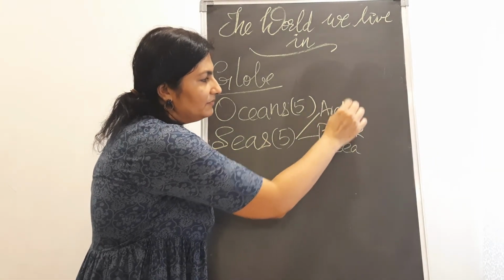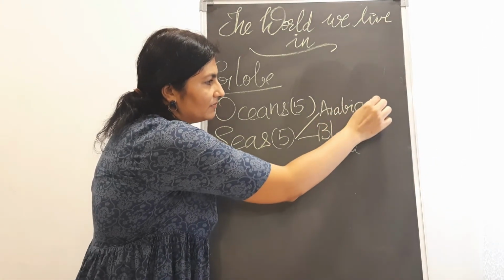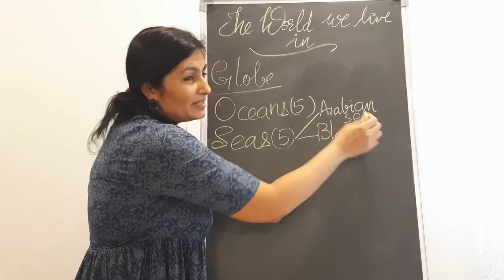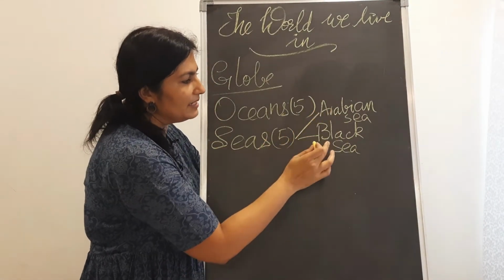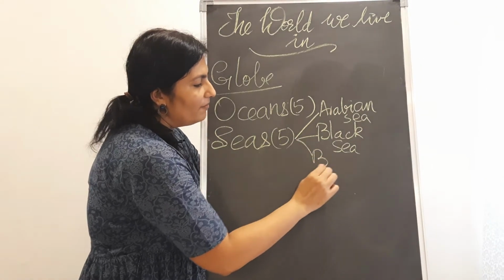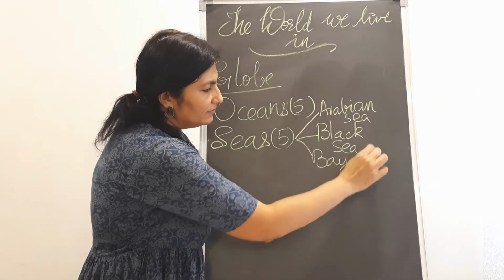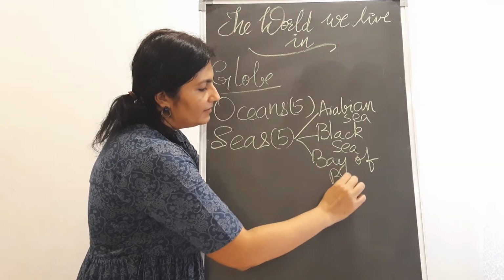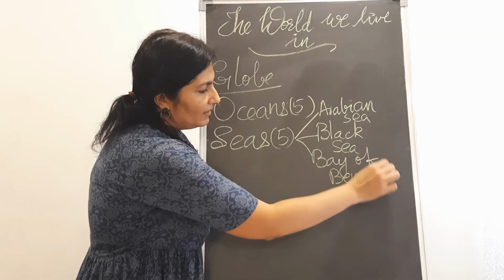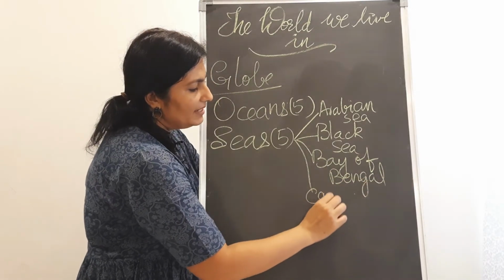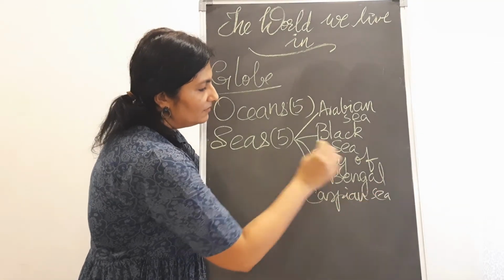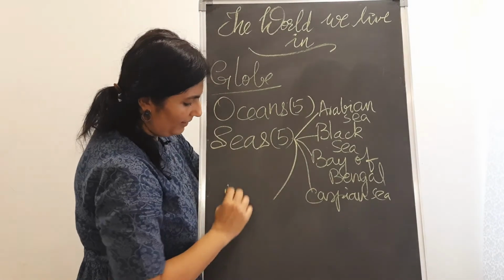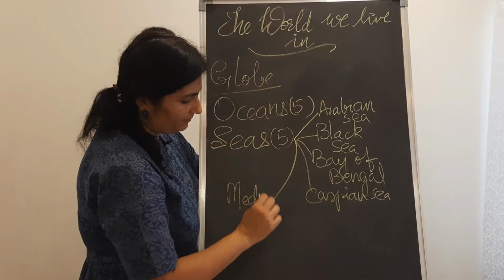Arabian Sea. So I said the ABC is like an acronym or a method to learn and remember. Arabian Sea, Black Sea, then Bay of Bengal Sea, Caspian Sea, and Mediterranean Sea.